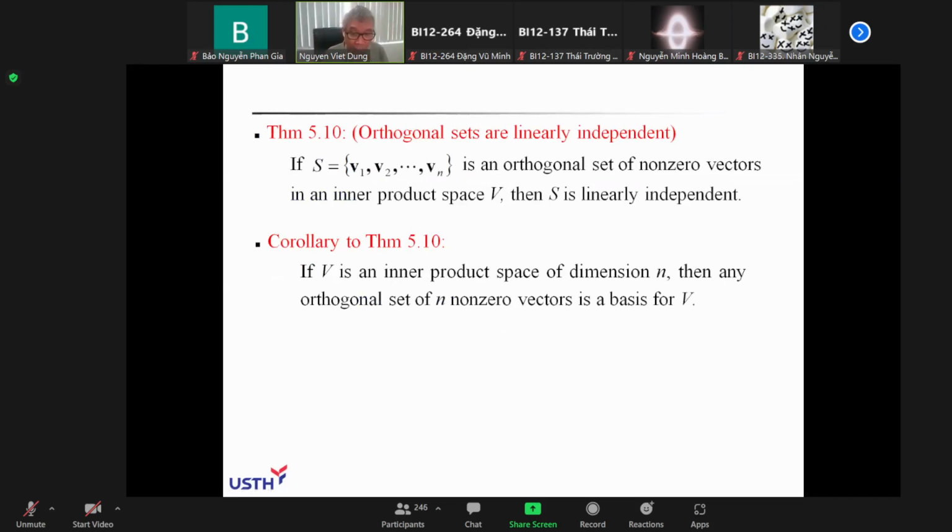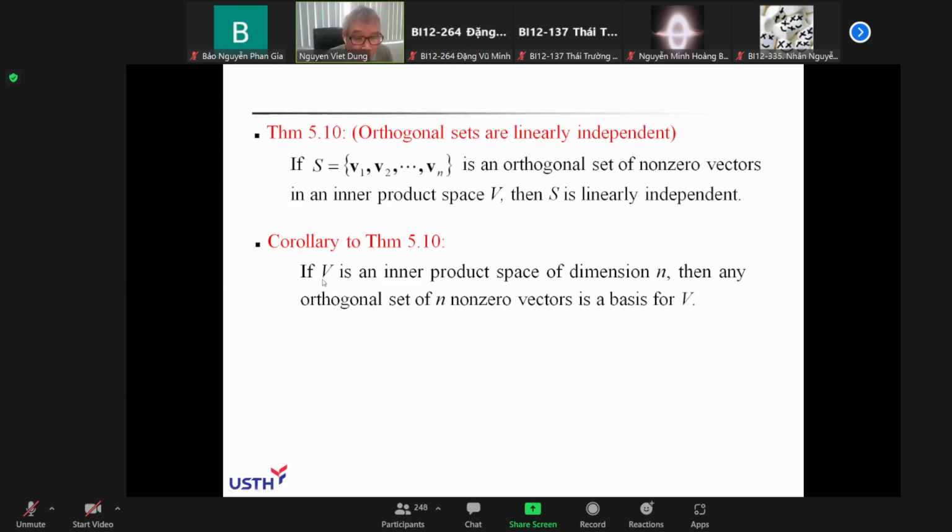One very useful property of an orthogonal set is that if S is an orthogonal set and every vector inside S is non-zero, then S must be linearly independent. We can use that property to verify if some set is a basis or not by the observation here.